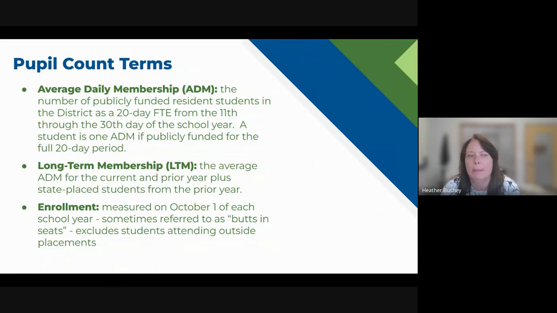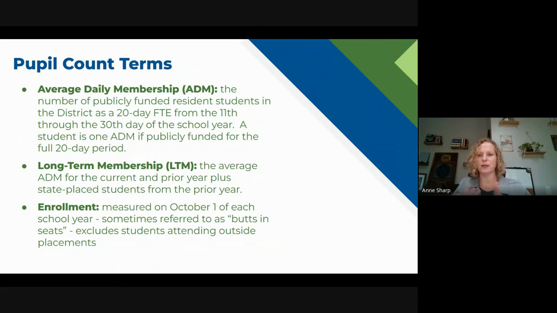But as we compare our enrollment year to year, as students move from attending in school to maybe homeschooling to an outside placement, that's going to be reflected in those fluctuations. Okay, but you guys track all that. Yes, we know, not financially necessarily, but just curious.